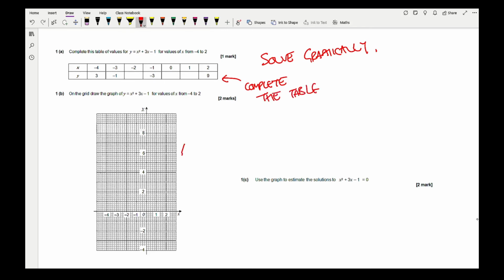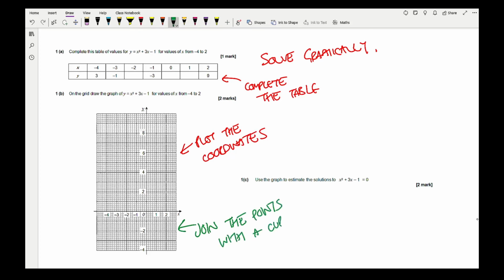We then need to plot the coordinates, then join the points up. So join the points with a curve.